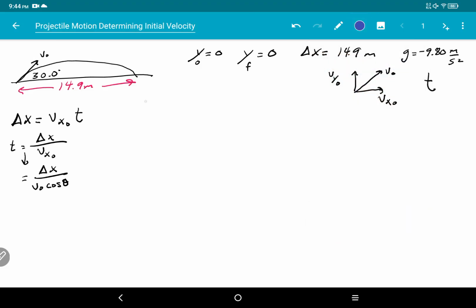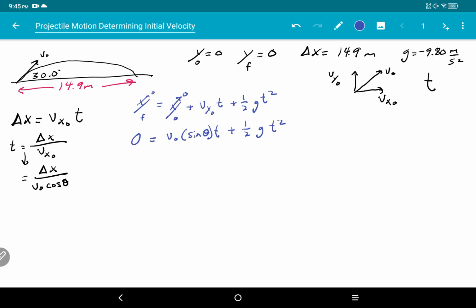Here's what I mean. Since we know the final distance in the y direction is 0, and the initial start is 0, plus, we're using our kinematic equation, Vy naught t plus 1/2 g t squared, we have an equation that can be substituted. We know that this is 0, that Vy naught is V naught sine theta, times t plus 1/2 g t squared.